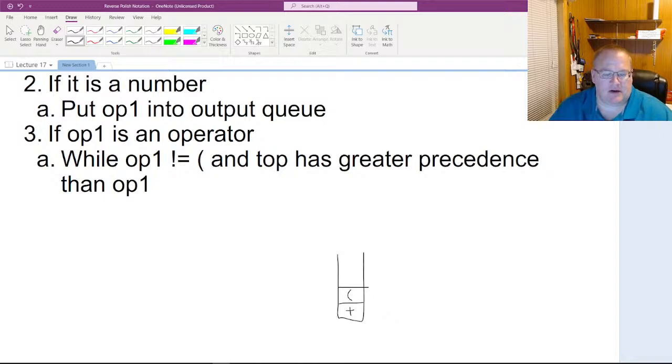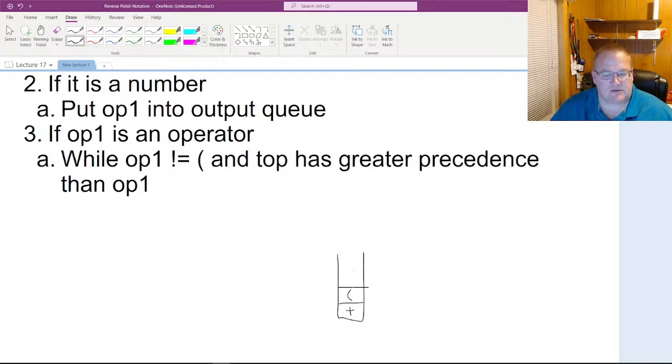So if this is sitting on there, then what I'm going to do is op1, remember, is the thing I read in. So once I read in this parenthesis, the closing parenthesis, that means I'm about to start a new combination of things, so I'm going to skip over it.